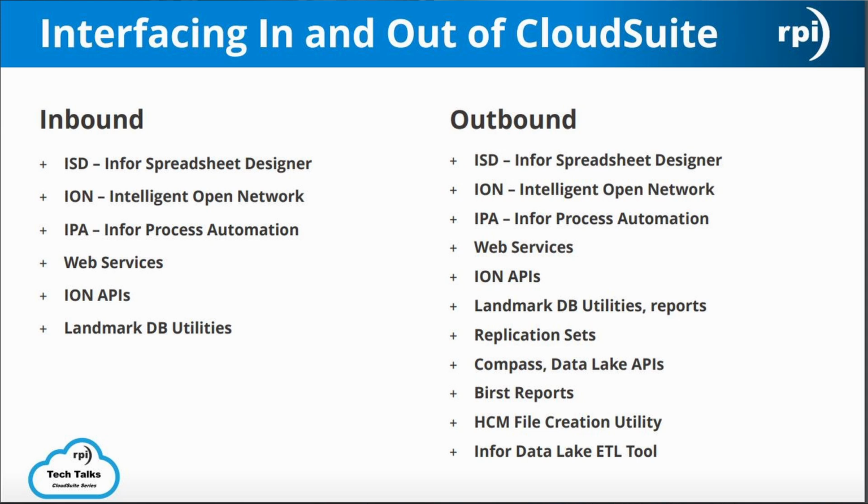And then as you go through and evaluate your interfaces, there's some evaluation to do, right, to figure out what those best options are. What you're going to find as you go through a CloudSuite implementation project is you're going to have a mix of all of these different options, and it really just depends on the need of the interface. It's a good opportunity to reevaluate your existing interfaces.